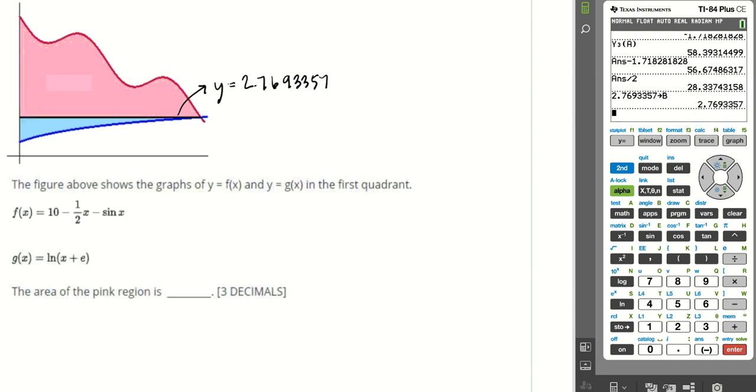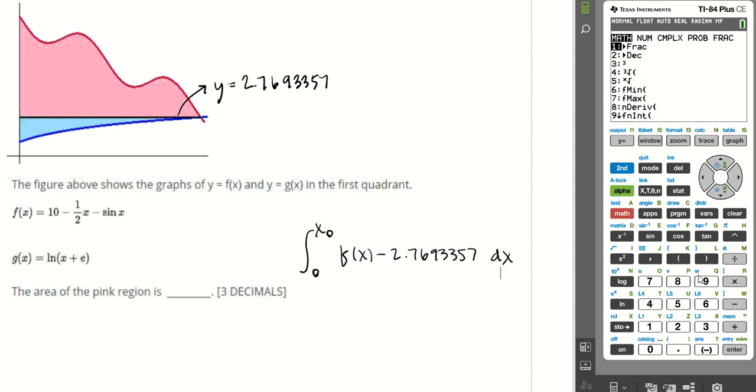And now I'm going to get the area of the pink region. I'm going to be integrating from 0 up to that number I was calling x0 earlier that I think I have stored in A in my calculator of top minus bottom. So that's going to be f of x minus 2.76937 dx.